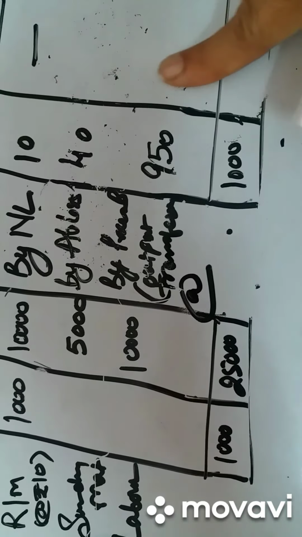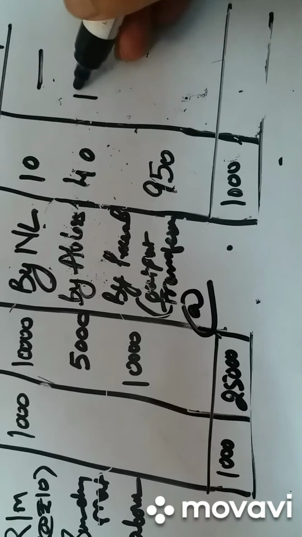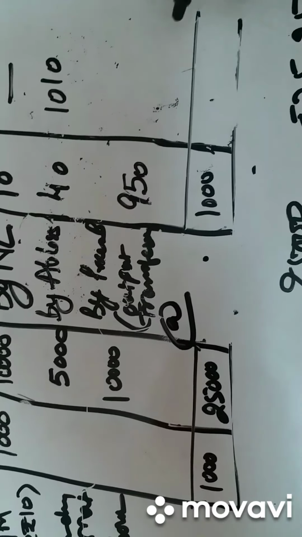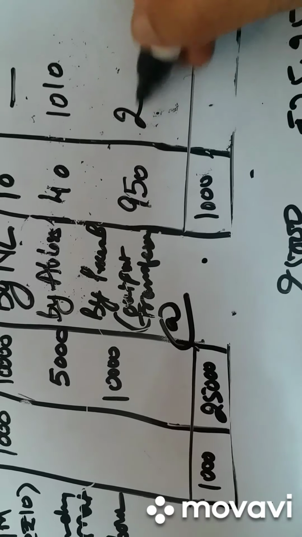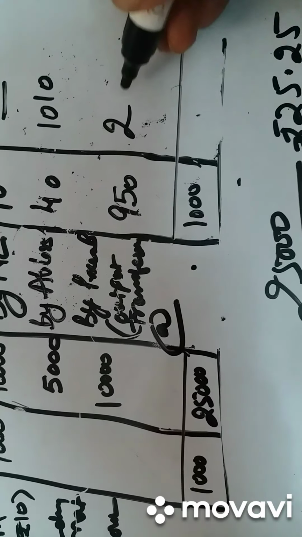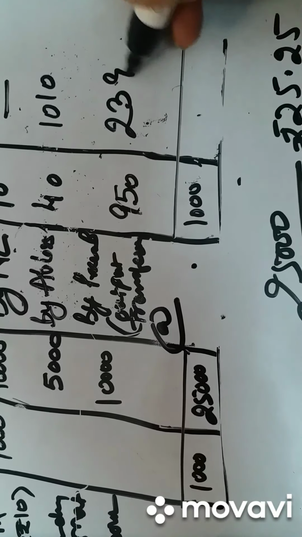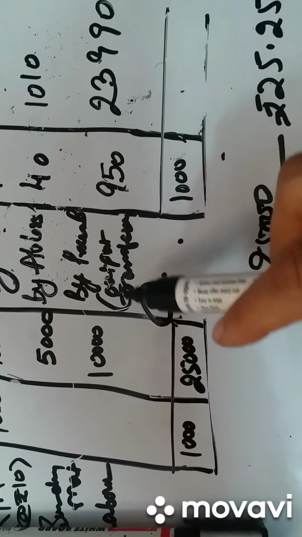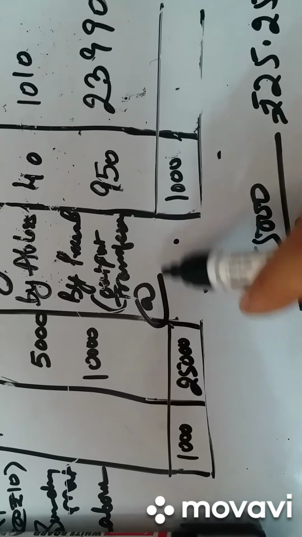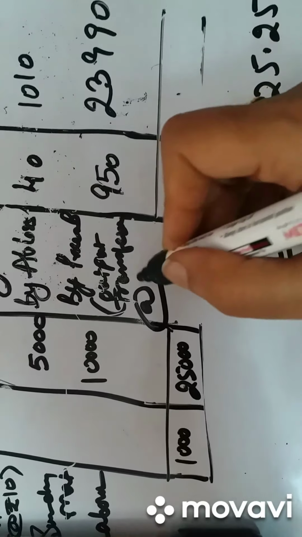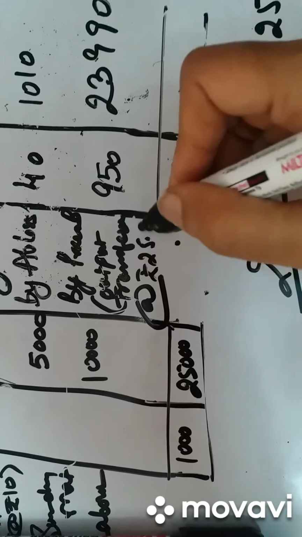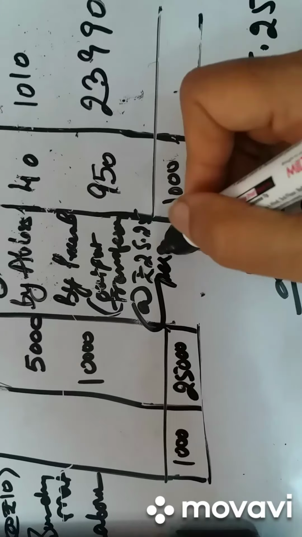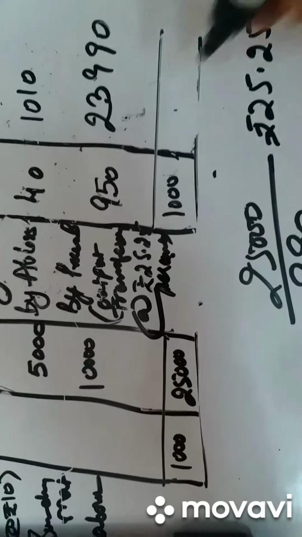The rate has come for both of these, so you can multiply, it is coming approximately 1010 and this is coming 23,990. And here, just remember I wrote output is being transferred at the rate of dash, so that rate has come to ₹25.25 per unit, and here the total comes to 25,000.